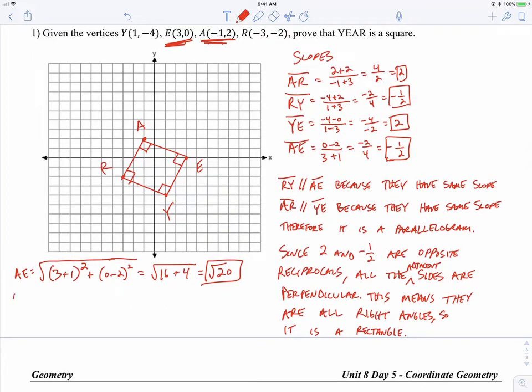So we also have EY. For EY, we're now going to use these 2 points. So I go x minus x squared plus y minus y squared, which equals 1 minus 3 is negative 2, and negative 2 squared is 4. Negative 4 minus 0 is negative 4, and negative 4 squared is 16, so I get the square root of 20.